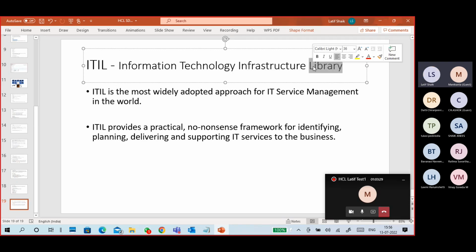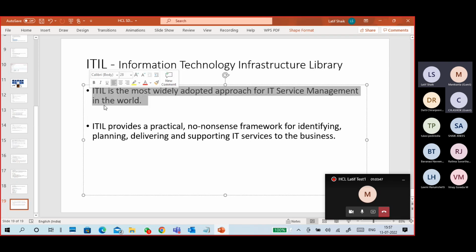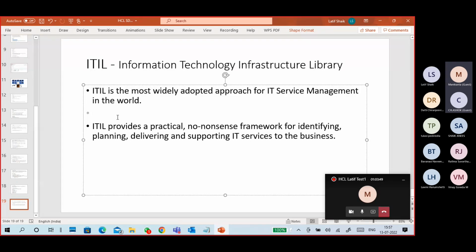Library maintains this: how it functions, what infrastructure is there, what is going on with them, any changes that occur, any issues that occur. That is a library, so very simple to understand. So this is widely used in the world.